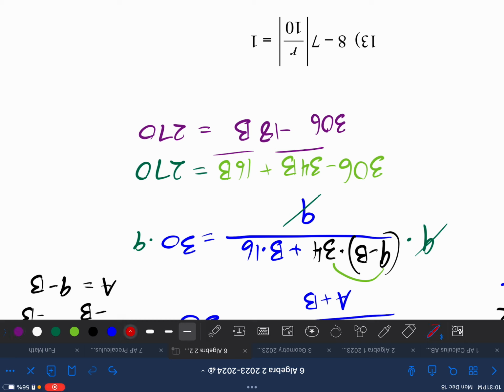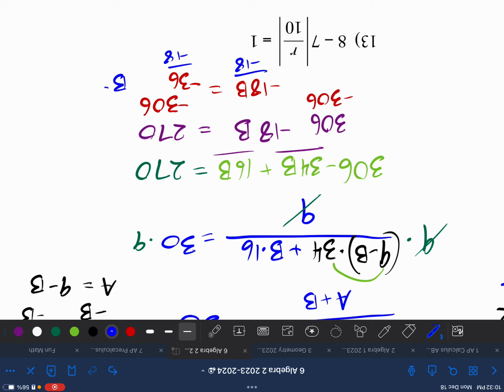From here, I'm going to subtract 306 from both sides. And then I'm left with negative 18b is equal to, I think that's negative 36. And then finally, divided by negative 18, divided by negative 18, and b in this case is equal to a positive 2, because a negative divided by a negative is a positive.